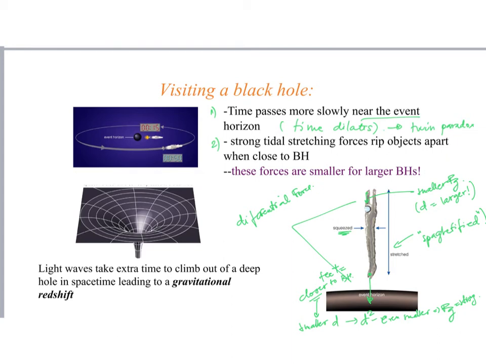Of course, these tidal forces are actually smaller for larger black holes, but you're still going to feel the spaghettification effect. All right, so that happens to the light itself as well, or actually to its wavelength.